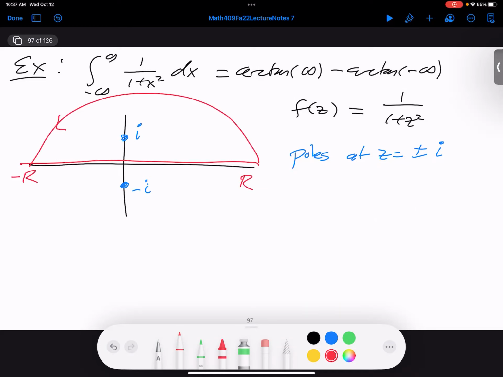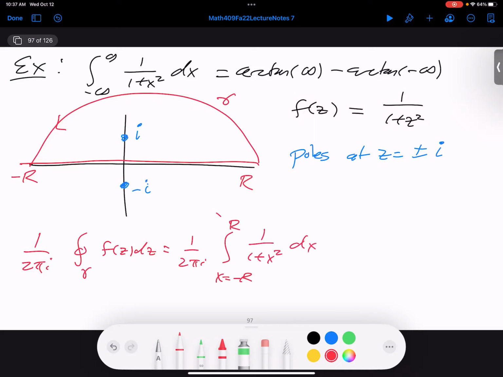Okay. And so what we get is, if we call this gamma, 1 over 2 pi i the integral over gamma of f of z dz is 1 over 2 pi i times the integral, x goes from minus r to r of 1 over 1 plus x squared dx plus the integral over the semicircle of 1 over 1 plus z squared dz.